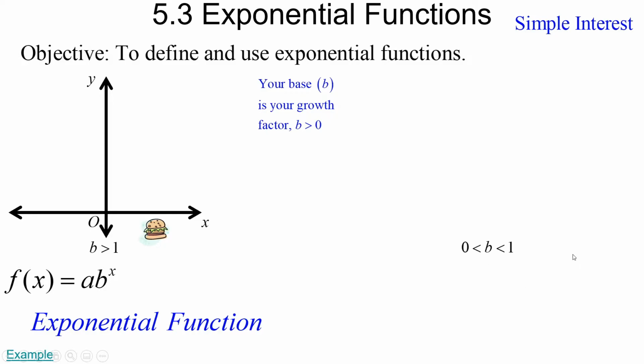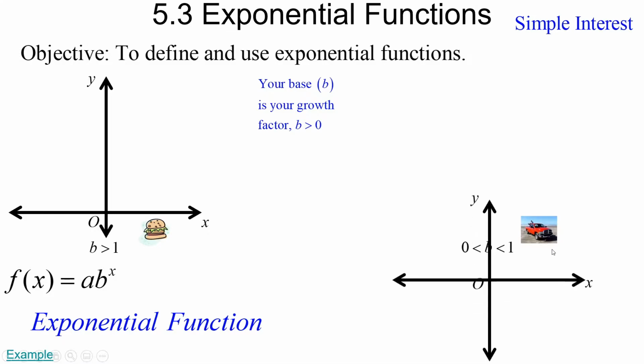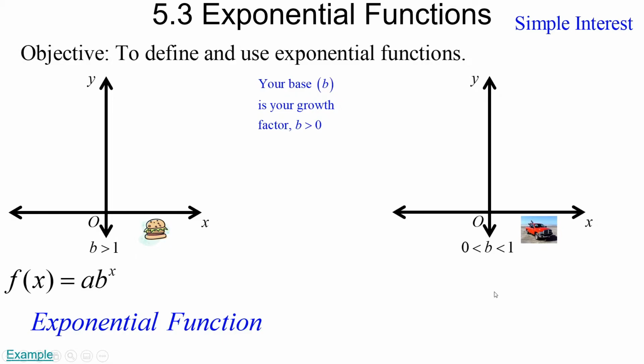That's the situation of my truck. I forget, what was my truck? We were having a growth rate of negative 20%. Oh, that's depressing. So in that situation, we're going to have exponential decay.